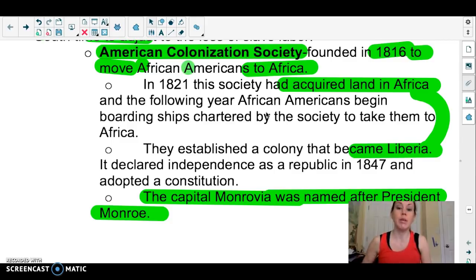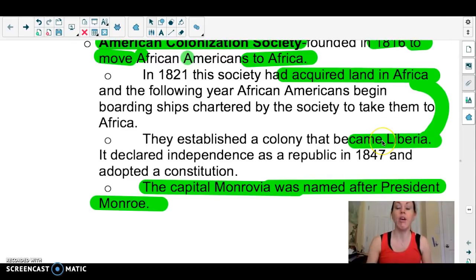And they will establish a colony that becomes Liberia, declared its independence in 1847, adopts a constitution, and the capital of Liberia, where we're sending African Americans back to Africa, is called Monrovia, named after President Monroe.